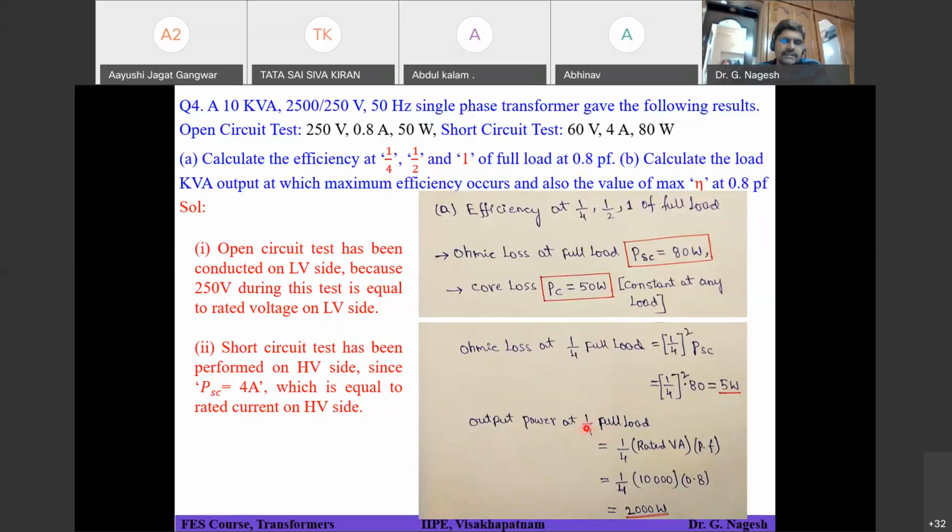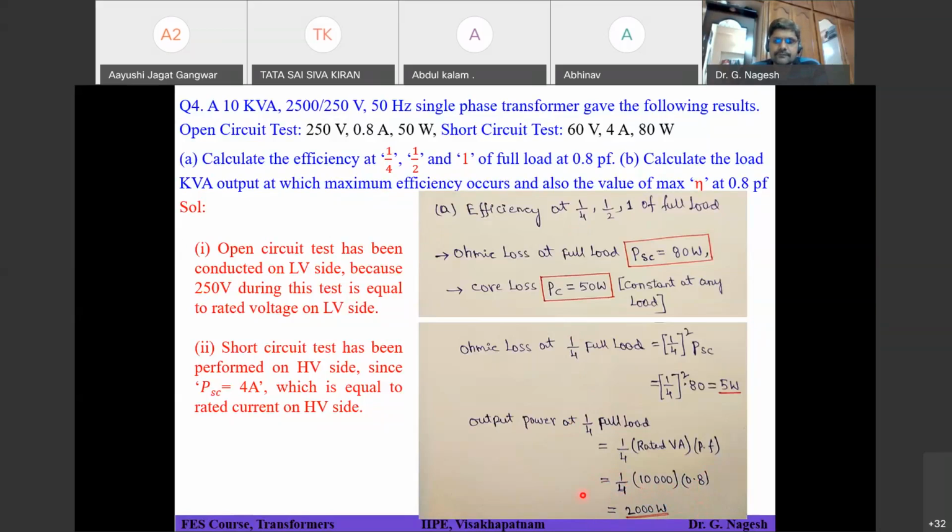Only the current is varied. So output power at 1/4 full load is rated kVA divided by 4 into the power factor. 10 kVA is 10,000 volt amperes into power factor 0.8, which is 8K, divided by 4, equal to 2000 watts. Is it clear? Output power at 1/4 full load.